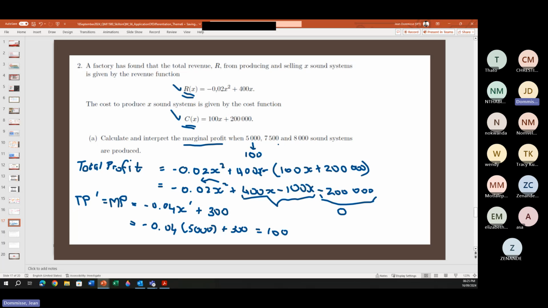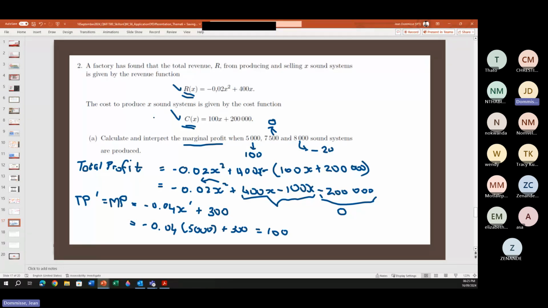Then let's put 7,500 into X. My marginal profit is 0. And if I put 8,000 into X, my marginal profit becomes negative.